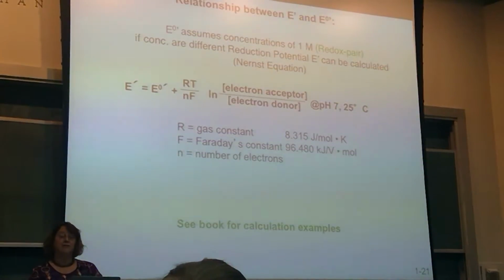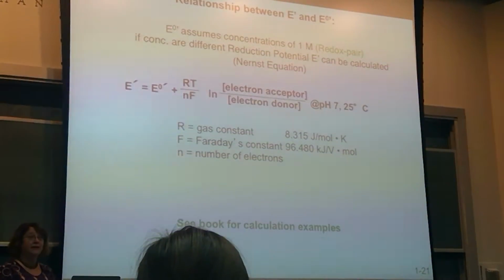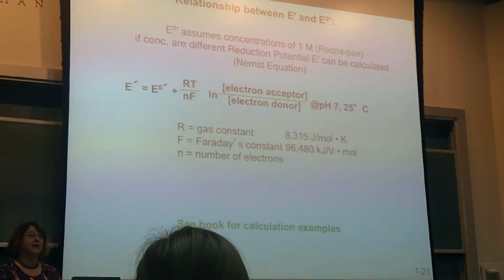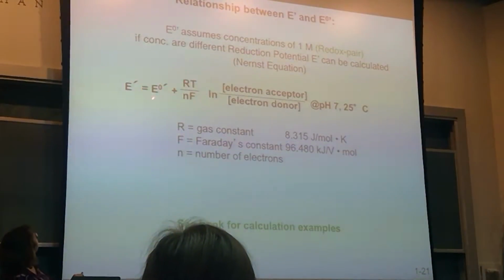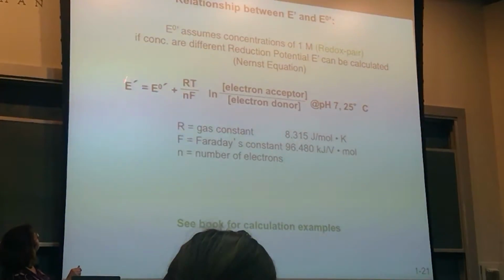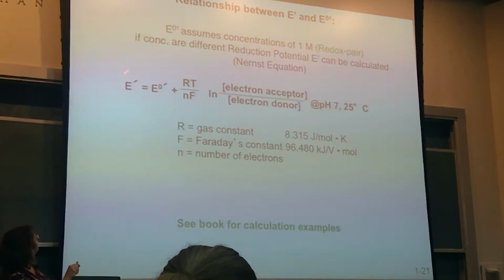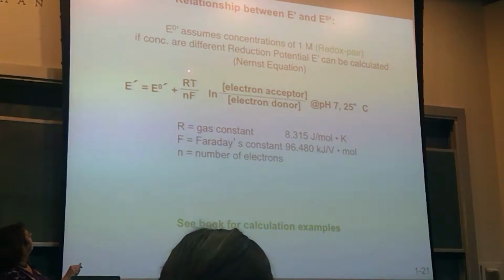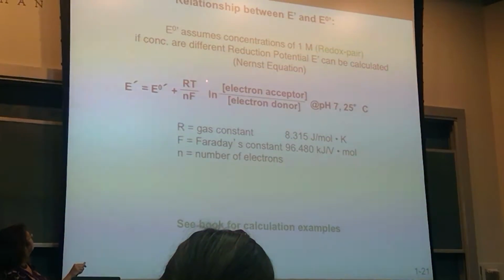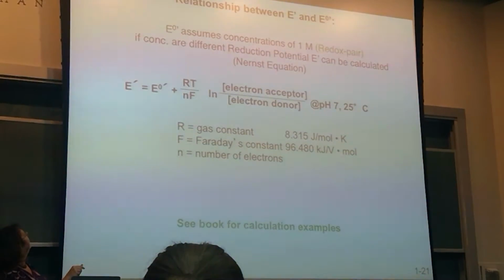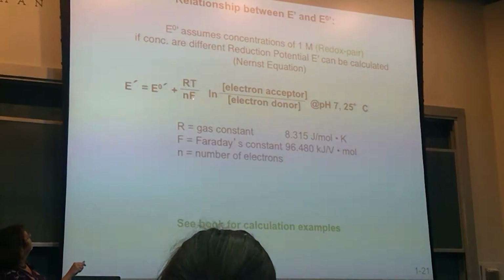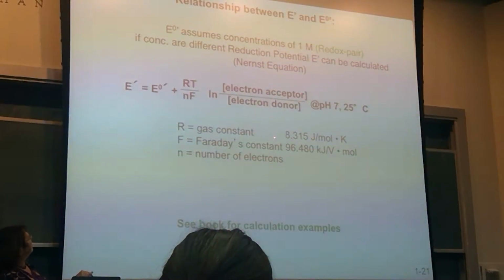But if the concentrations are different, then you have to calculate them, just like you did for delta G. So E, the actual electron potential difference, is equal to E0 prime plus RT over nF, where R is the gas constant, T is temperature in Kelvin, n is the number of electrons, and F is Faraday's constant, times the natural log of the acceptor over the donor at pH 7.